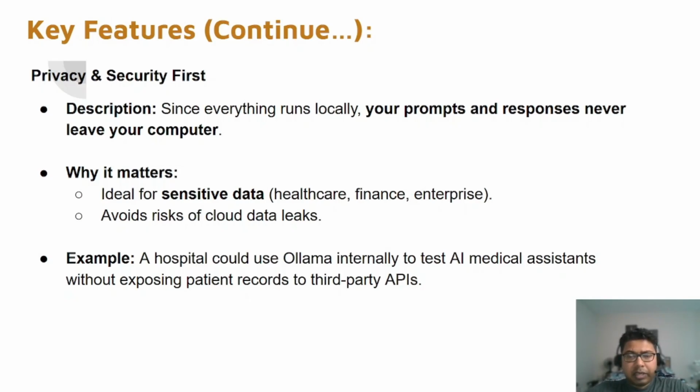This way, Ollama is secure. It's running on our machine without internet. For example, a hospital could use Ollama internally to test an AI medical assistant without exposing patient records to third-party APIs. We need not call any third-party APIs. Everything can stay locally in our machine. So that's the security.